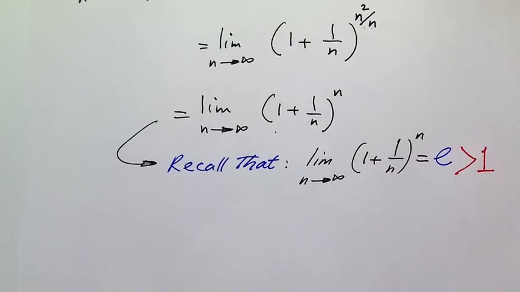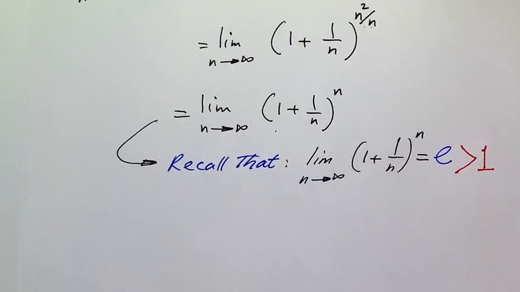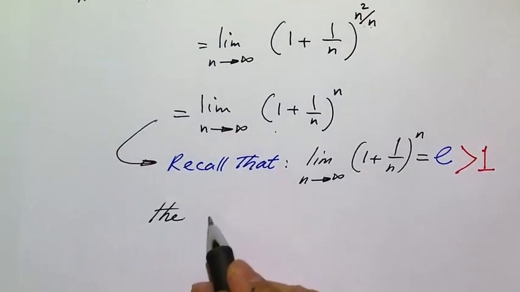So what does this mean? If the root test results in a value that is greater than 1, then the series is divergent.